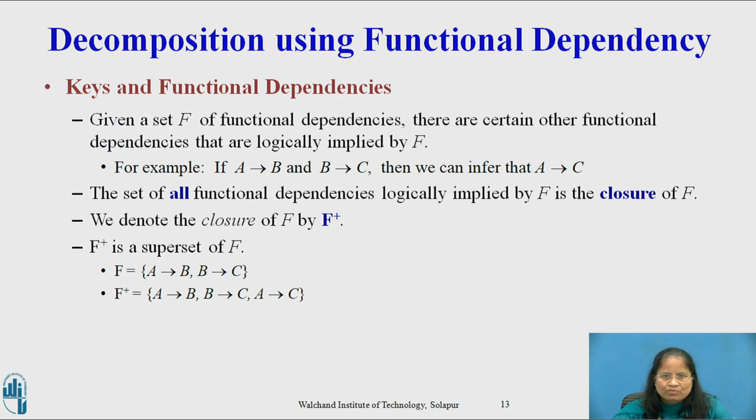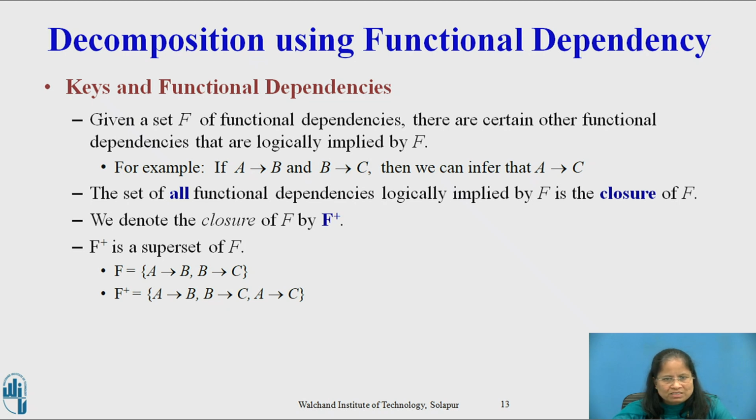Given a set F of functional dependencies, there are certain other functional dependencies that are logically implied by F. For example, if A functionally determines B and B functionally determines C, then we can infer that A functionally determines C. The set of all functional dependencies logically implied by F is the closure of F. We denote the closure of F by F raised to plus.